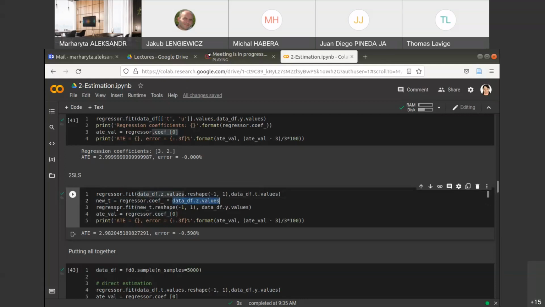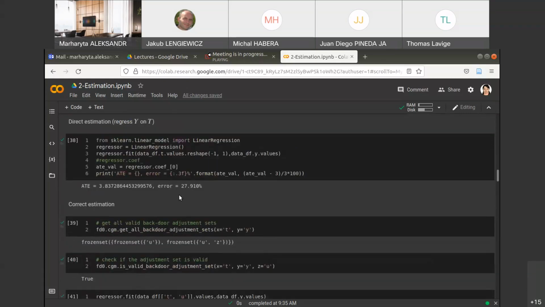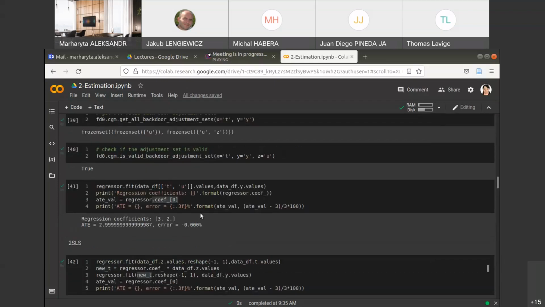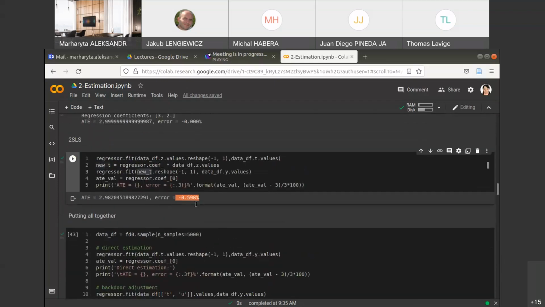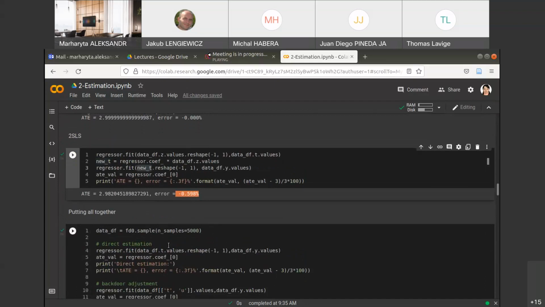Then we do the next stage regression. Now we regress y on the newly calculated values of t, this new t, and we take the regression coefficient as our estimation of the true causal effect. And again, we can compare it with the true value that we know is 3. And we see that now we are very close. From the error of approximately 28%, we reduced it to below 1%. So this method indeed works.